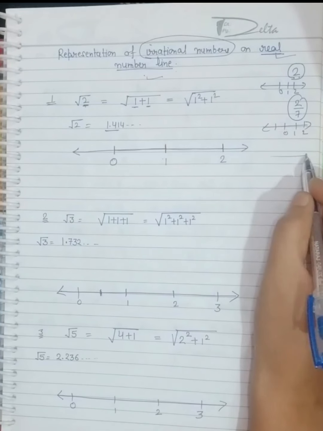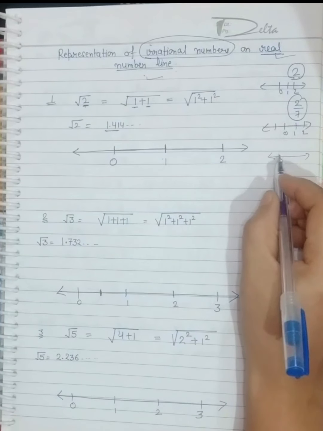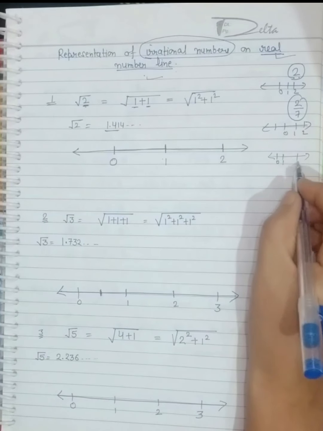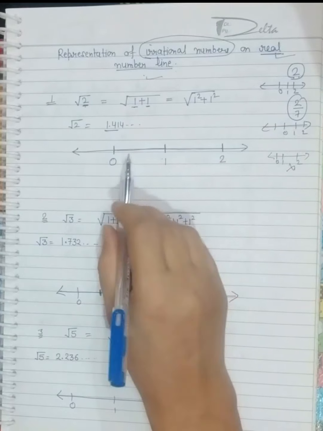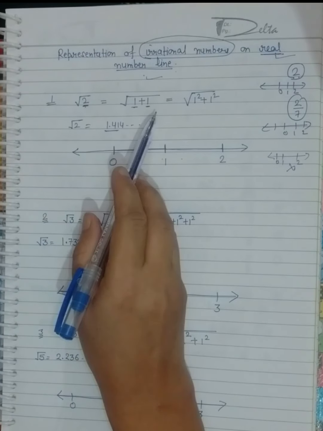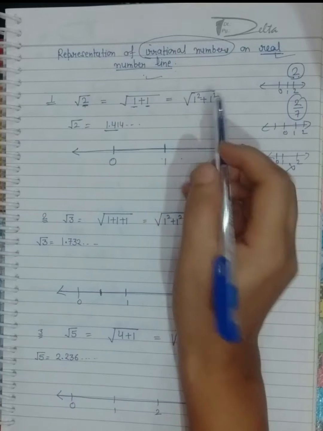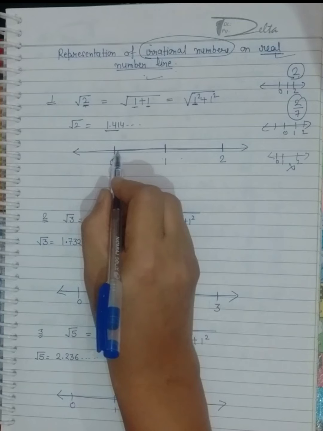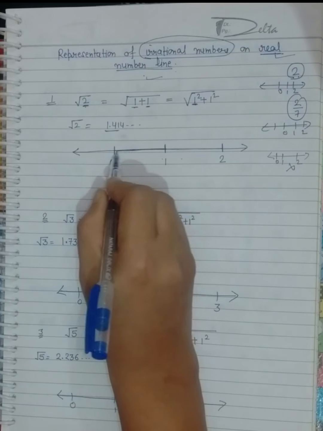You will not take non-uniform distances, for example 0, 1, then here 2. It is wrong. It should be proper. So how to plot the irrational number? This is one. First, we will take 1 on the number line.